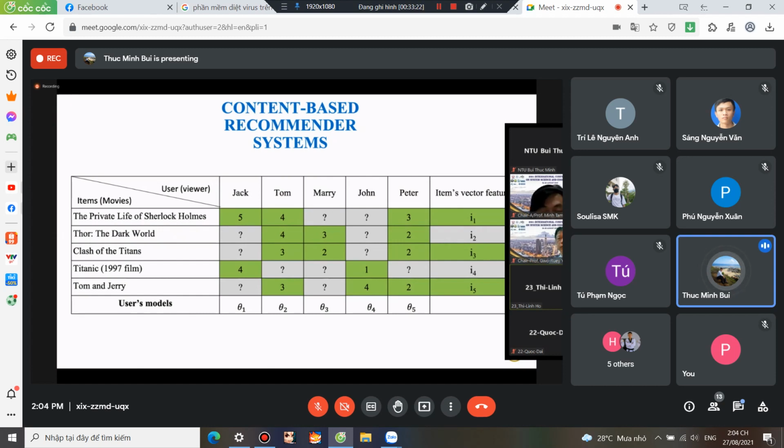For a content-based recommender system, we need to build a feature vector for each item based on the movie genres matrix and TF-IDF features, denoted by I1, I2, I3, and so on, up to IN. The problem is finding a model theta I for each user.